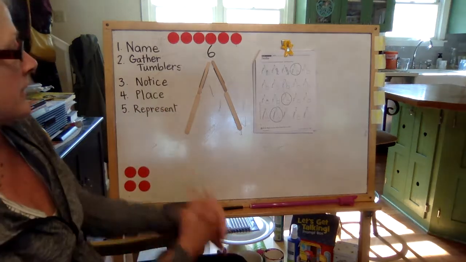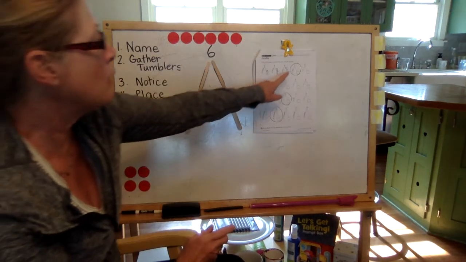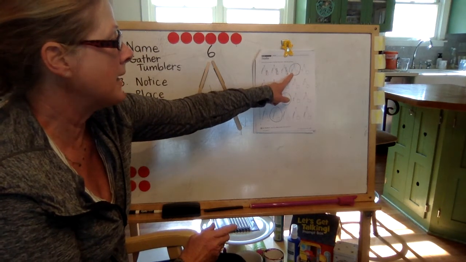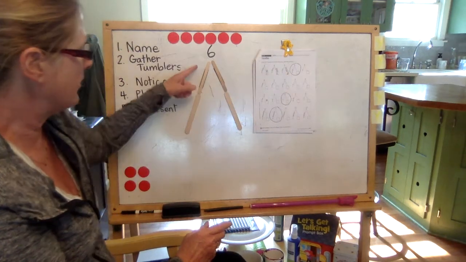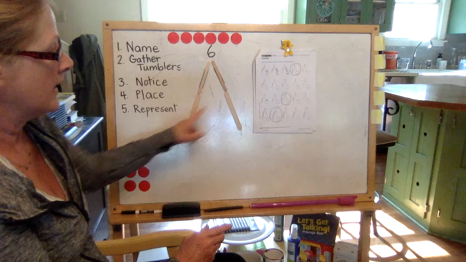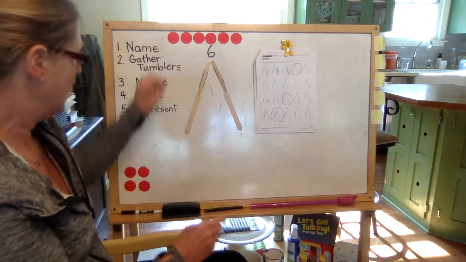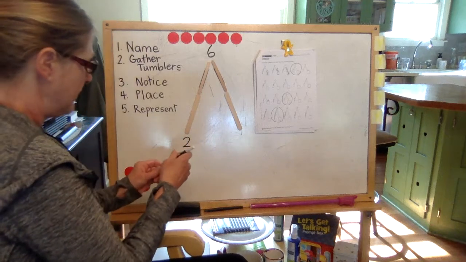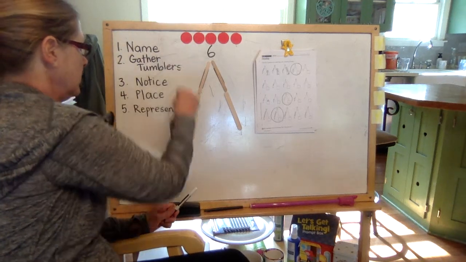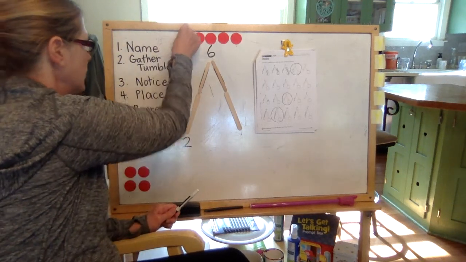After I've gathered the 6 tiny tumblers, I'm going to notice how many tiny tumblers have gone down the left side of the mountain, and I see it's 2. So I'm going to put 2. 2 have come this way. 1 and 2.